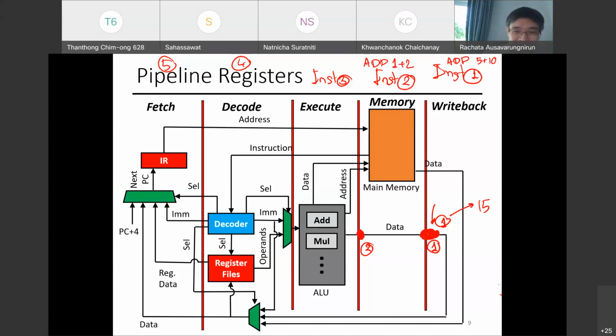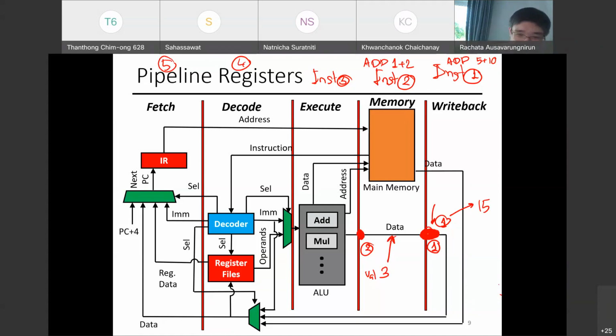If I look at this line, what value should I see? 3, right? It should be the value 3, because I'm storing the value 3 that comes from my adder one cycle ago. But over here, I'm storing the result of my add 2 cycles ago, which is 15. All right. So are we all with me so far?